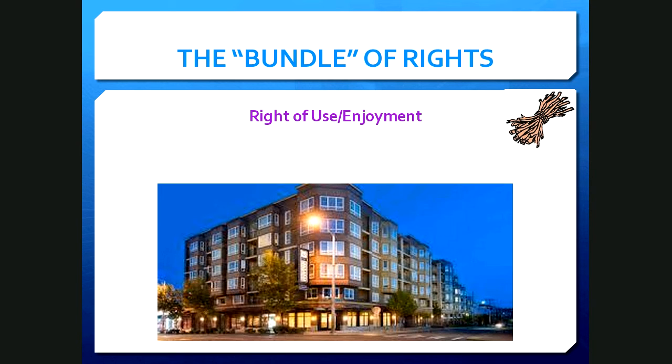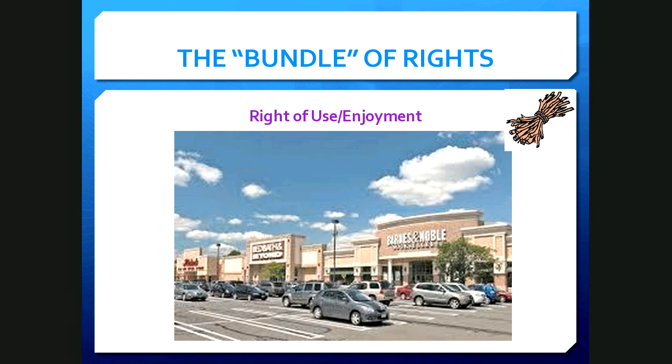If you own a bigger parcel of land, let's say downtown, and want to turn it into an apartment complex, you can do that. Or if you own some land out over by the freeway and you want to build a strip center, shopping center, it's your right to use your property the way you see fit.